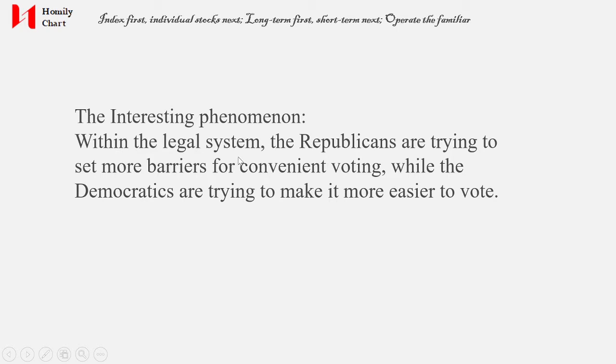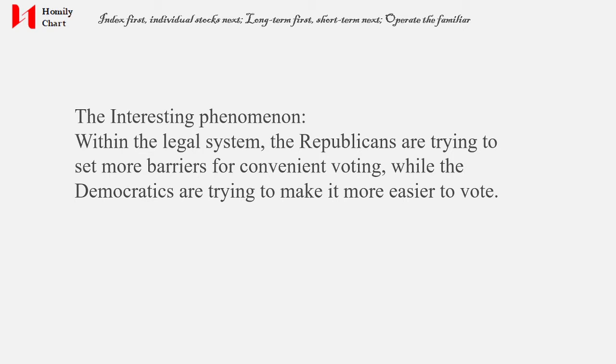The Republicans are trying to set more barriers for convenient voting. They want to make it more difficult for people to vote, because the higher the threshold, the more difficult it is for the vulnerable minorities to vote, right? But the vulnerable minorities, especially the ethnic minorities, are in favor of Joe Biden.